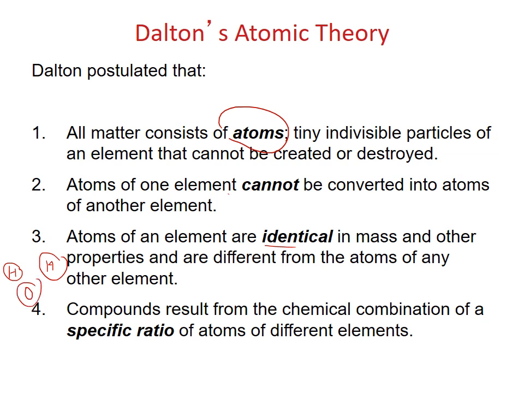Compounds result from the chemical combination of a specific ratio of atoms of different elements. For example, water is H2O. The ratio is 2:1. So as long as it's water, the ratio is specific, 2:1, hydrogen and oxygen.